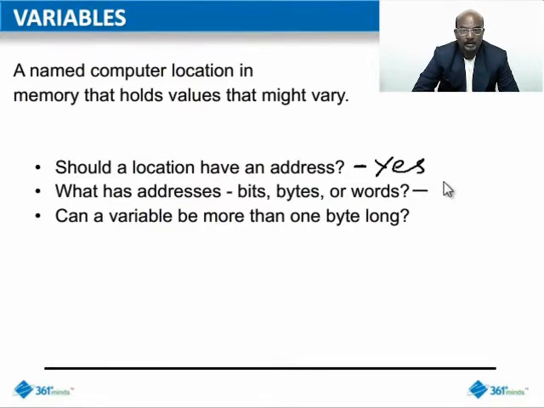Of course, the memory location or the RAM in a computer is divided into various addresses, and they are all divided into bytes. Therefore, bytes have addresses. Can a variable be more than 1 byte long? Naturally. They are of varying length, therefore it can be more than 1 byte long.